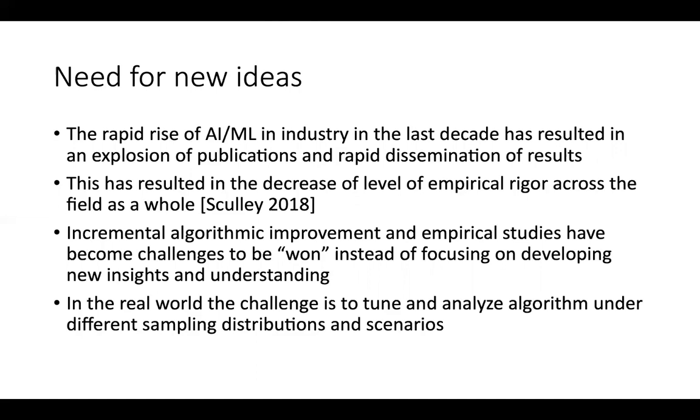In a well-known paper, the researchers pointed out that a lot of recent progress is incremental algorithmic progress in nature. One of the reasons is that for a lot of empirical studies, problems become challenges to be solved instead of focusing on developing new insights, new ways of looking at the world.